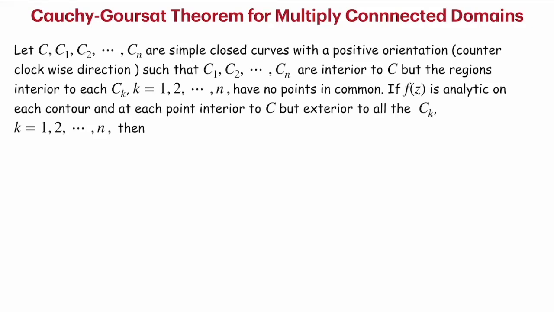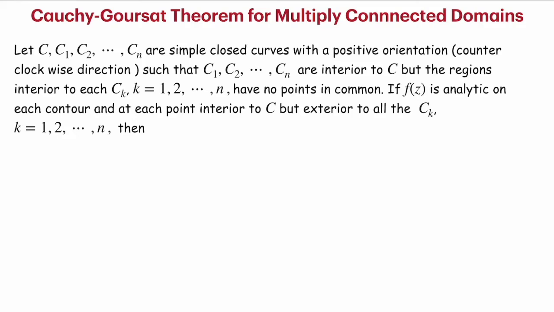Let's see C1, C2, etc. Cn are simple closed curves with the positive orientation. Our notation is counterclockwise is the positive direction, such that the curves C1, C2, Cn, etc. are interior to the curve C, but the regions interior to each of Ck for k equal to 1 to n have no points in common.